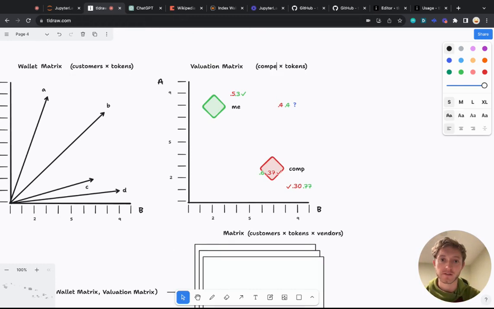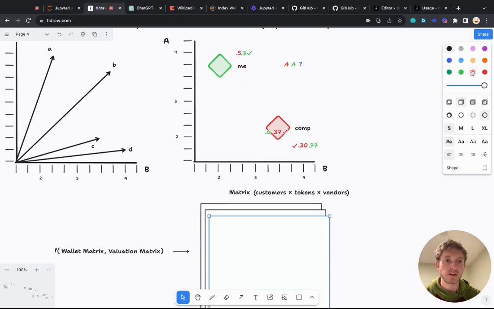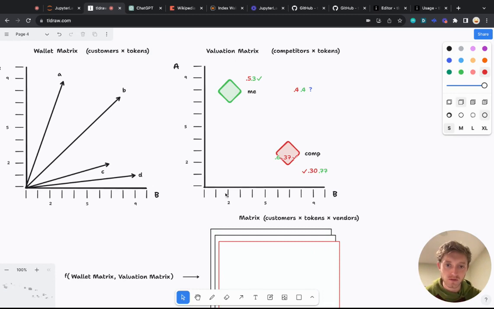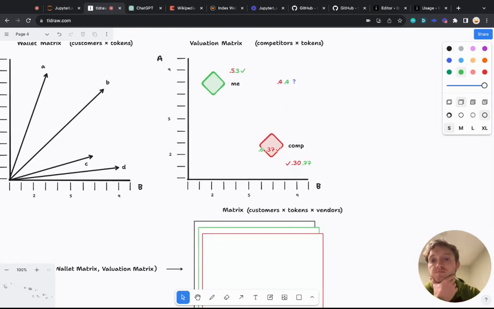These are competitors. It's not all vendors in the space that you need to compute. It's just the competitors selling the same product. So this might be the red, this whole space. This might be the green. This might be another competitor, and so on.